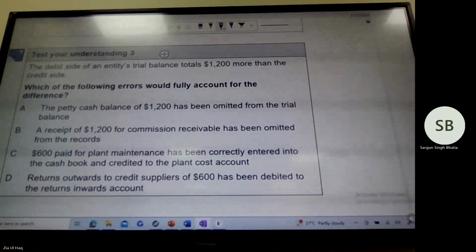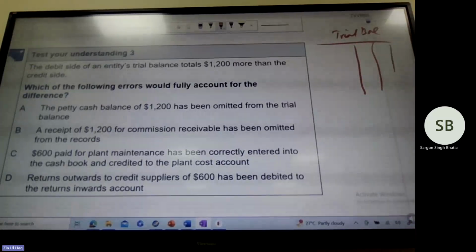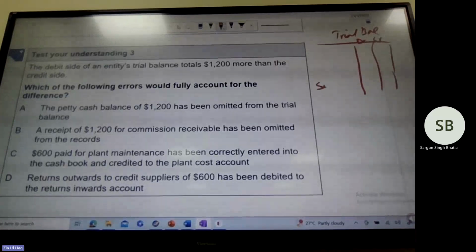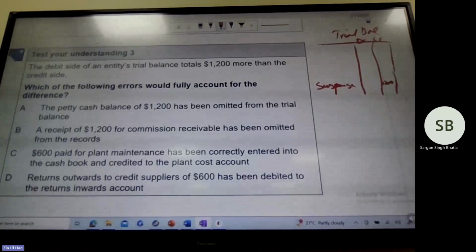This means in the trial balance, if the debit side is more by 1200, where should the suspense account be, on the debit side or credit side? If the debit side is more, meaning credit is less, this means there is 1200 on the credit side of the trial balance.